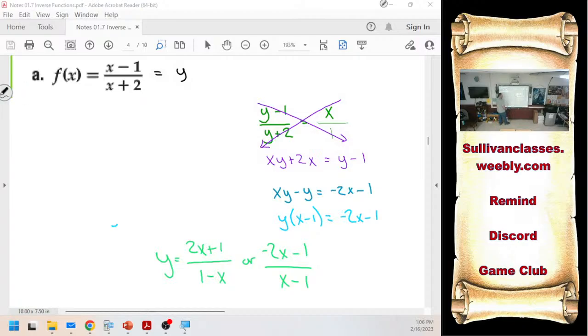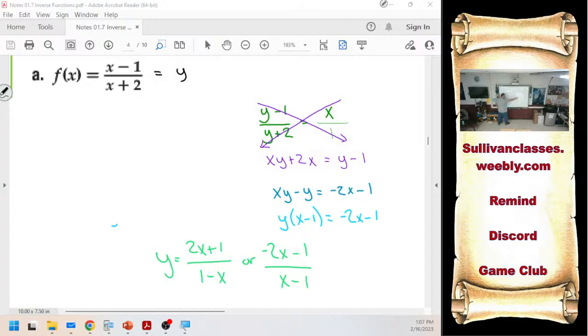Back here, this is the difference between I understand the concept behind algebra versus I know how to follow the directions in algebra.